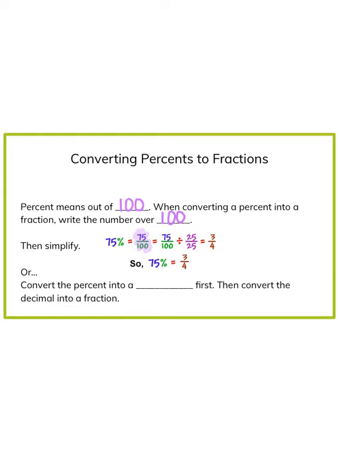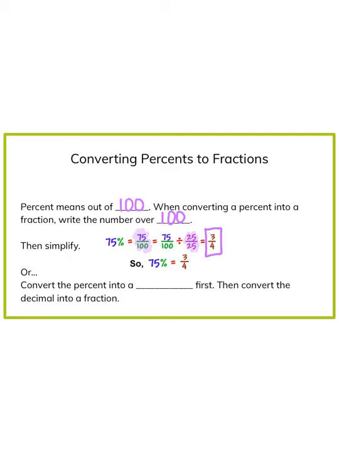But now we need to simplify that fraction if we're able to. So we know we can divide 75 and 100 by 25. When we do that, we can simplify this fraction to 3/4.